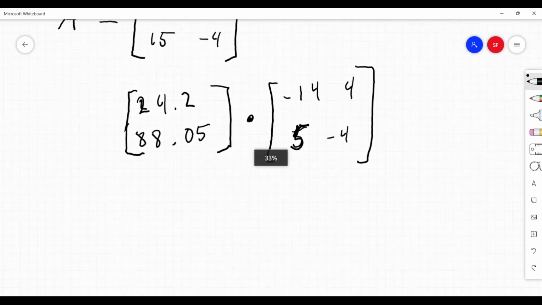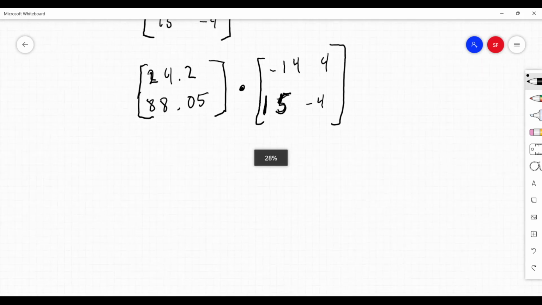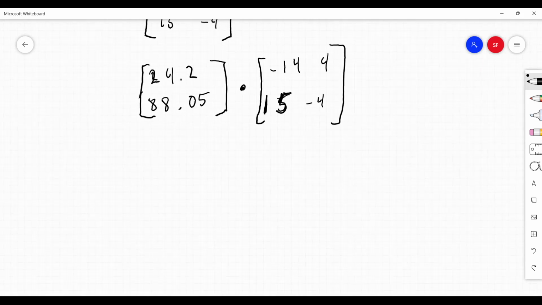Why is that funny? Because I didn't write a 1. Because obviously I struggled really hard with the 5, so I was just like, forget the 1. To multiply this out, what are we going to do? There's only 2.